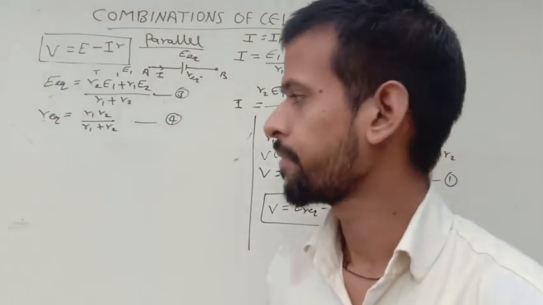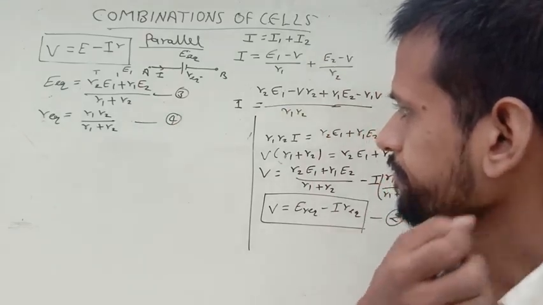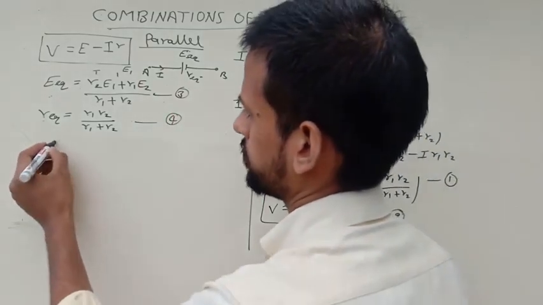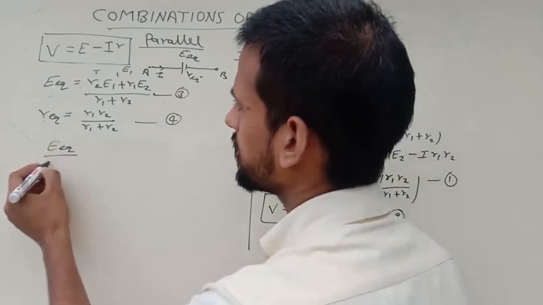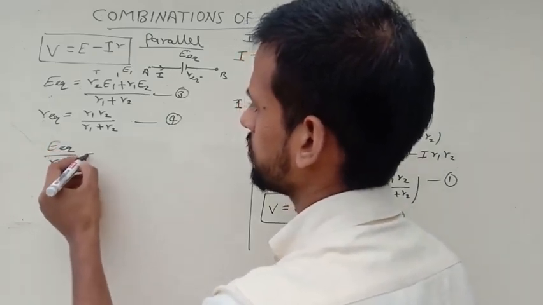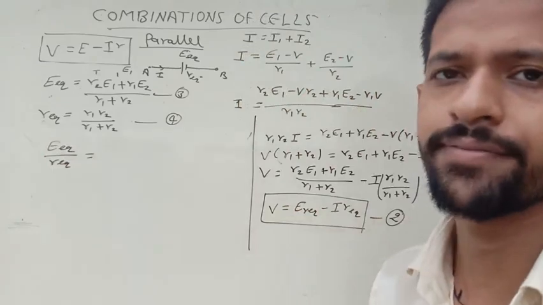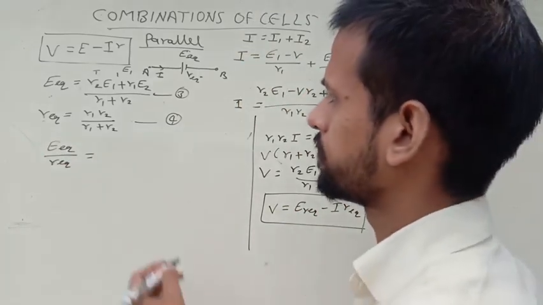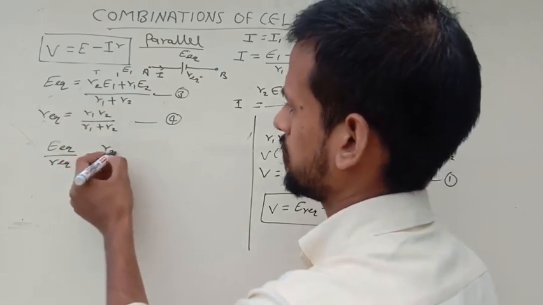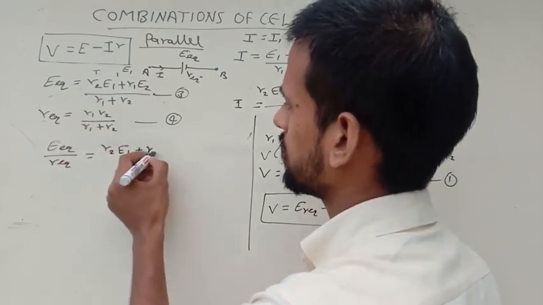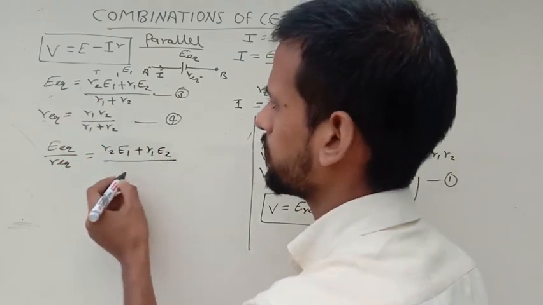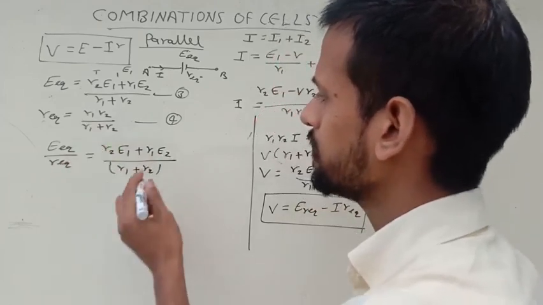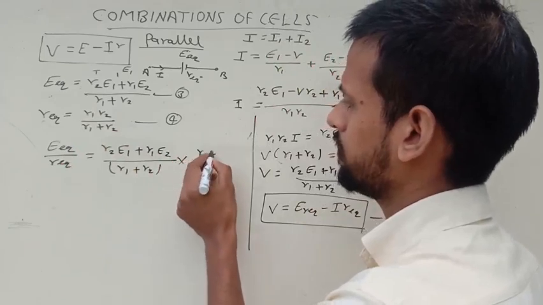Now we can write the equivalent EMF upon the equivalent resistance. This is R2 E1 plus R1 E2 upon R1 plus R2, divided by R equivalent, which is R1 R2 upon R1 plus R2.